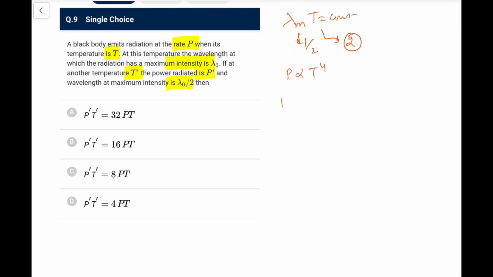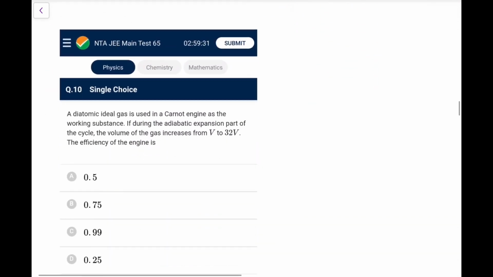So P dash will be 2 to the power 4, that is 16 times P, and the new T dash would be equal to 2T. So P dash T dash would be equal to 32 times PT. As per the options, A is the appropriate one. Now go for the 10th one.